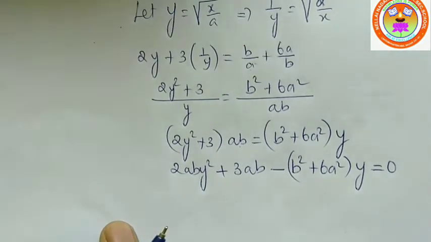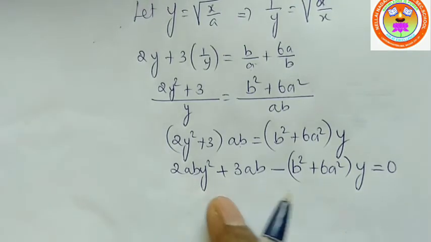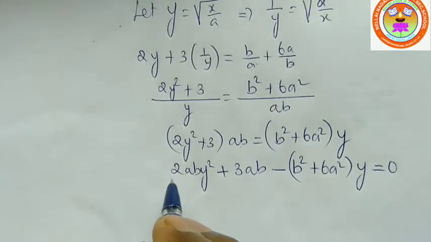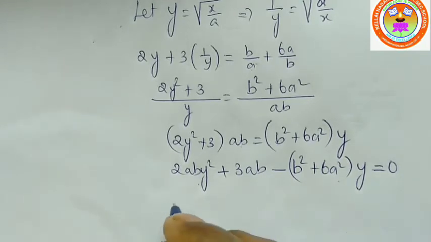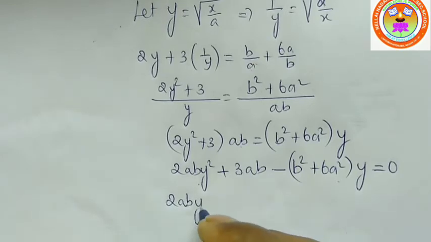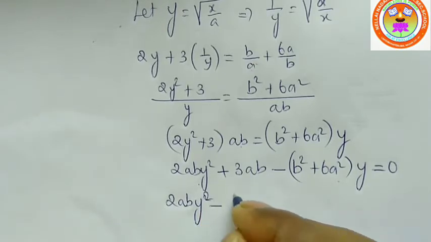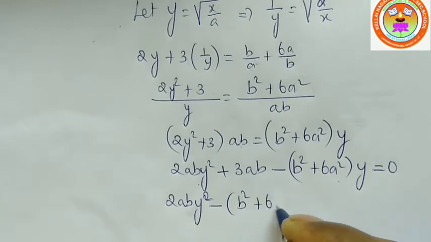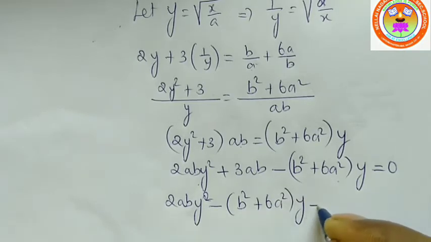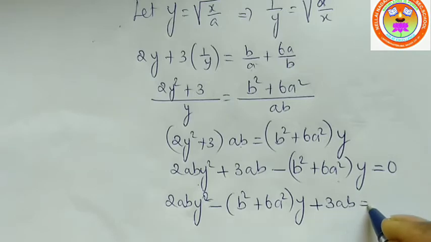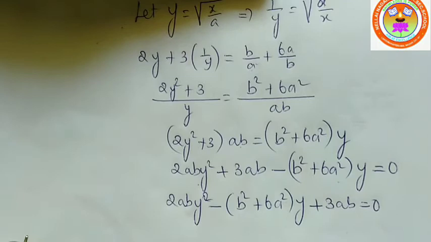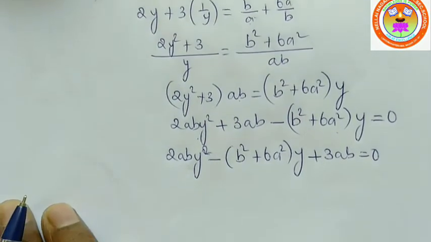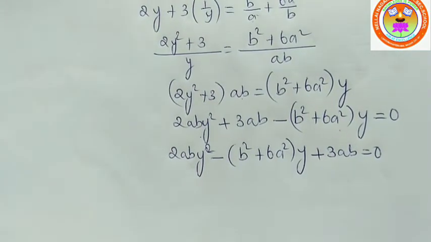Now rearrange the terms. This is a quadratic equation in y, so we arrange the y square term, the y term and the constant term: 2ab into y square minus (b square plus 6a square) into y plus 3ab, which is equal to 0. We can solve this equation by the sum and product rule.